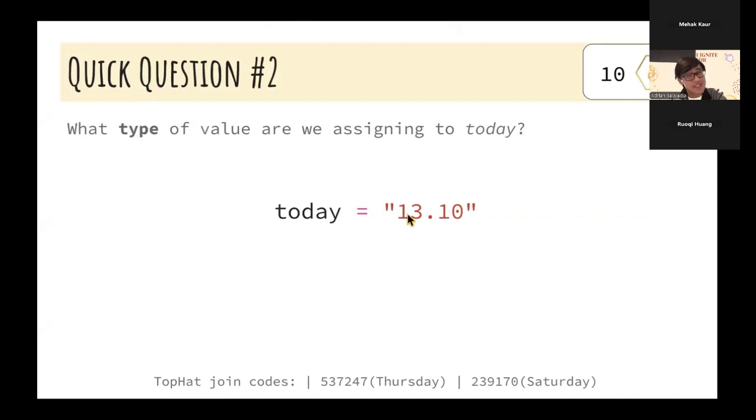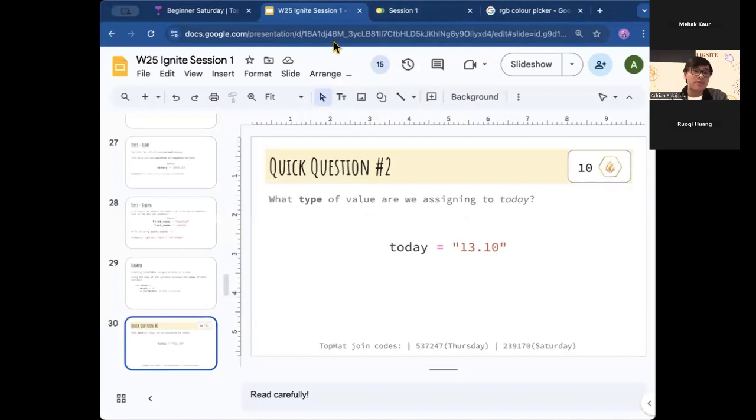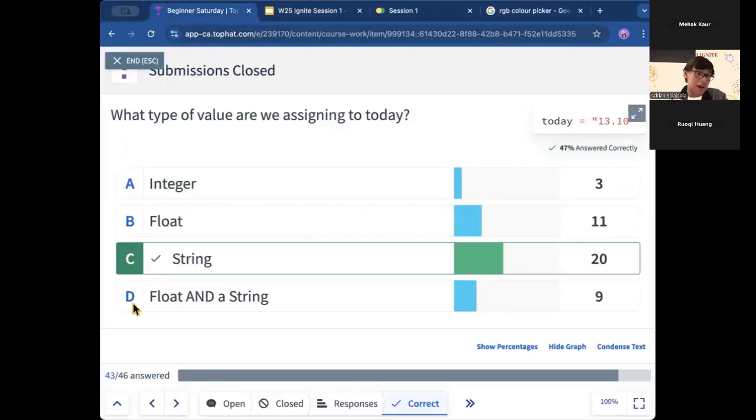Even though it says 13.10, since it has these quotation marks, it's still a string. And about option D, a data value cannot be two things at once. It cannot be a float and a string. That isn't allowed. Is it an integer? Unfortunately, no. It's a string. And even if it wasn't a string, that would be a float.